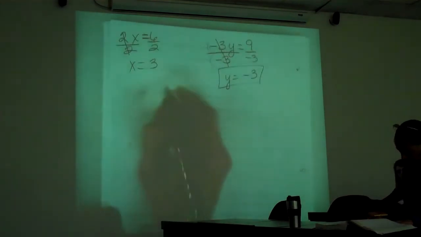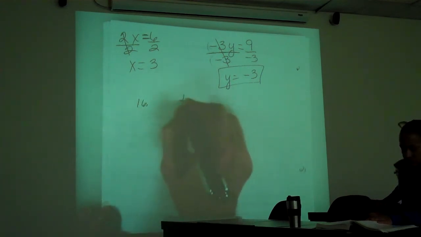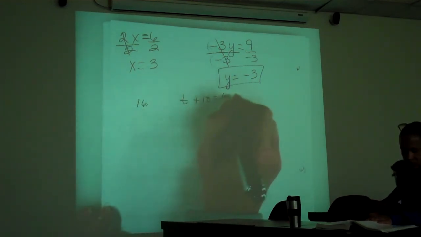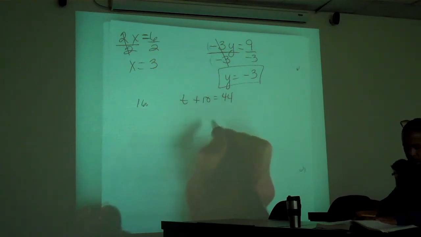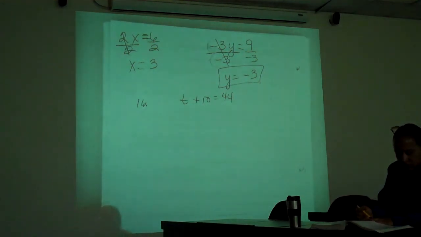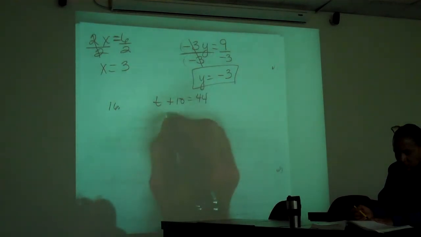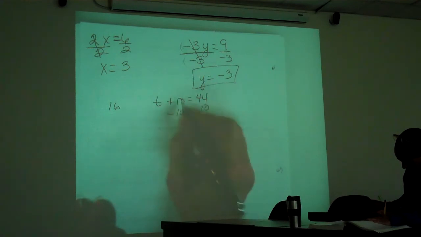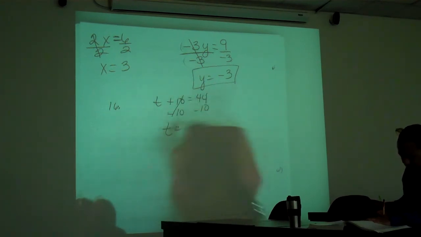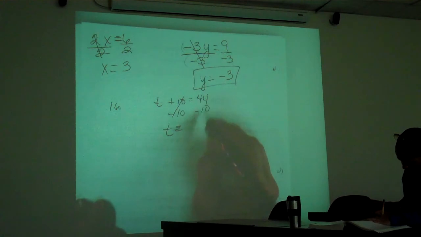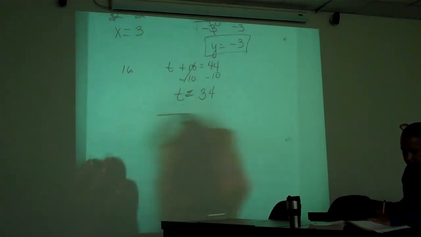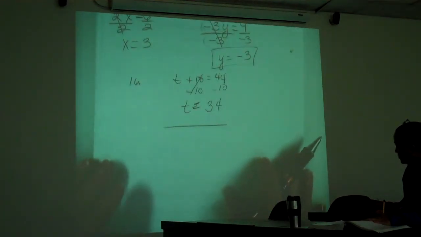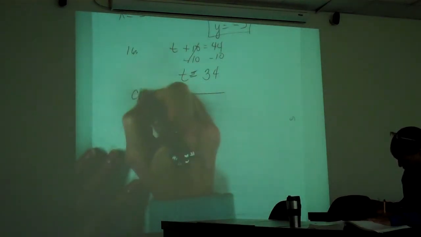There are some that show a little check thing under it. Like number 16 says t plus 10 equals 44. And then it has a little check thing under it. So first you solve it. Looking at that, you're going to subtract 10. T equals 44 minus 10 is 34, right? Okay, the little check thing is what I was doing when I was plugging it back in, where it says check right here.